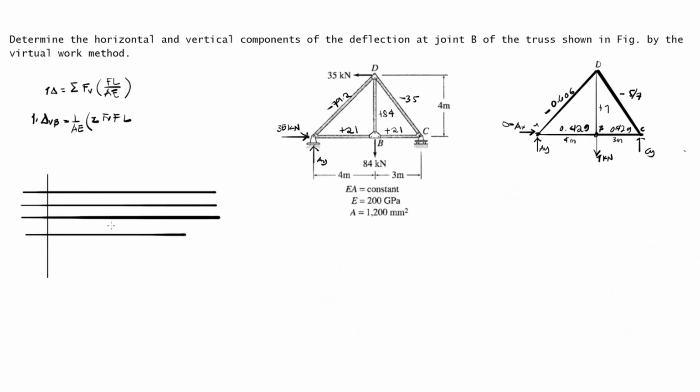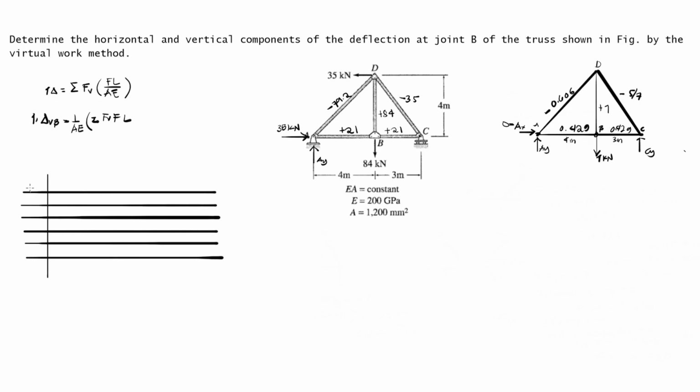So, we have, ilang member yon? 1, 2, 3, 4, 5, 6. Okay? So, ito yung member natin.